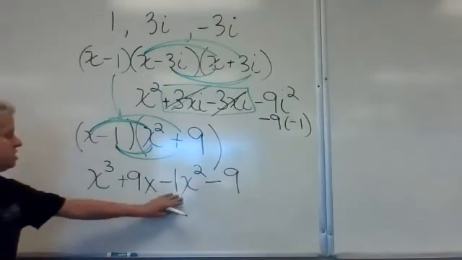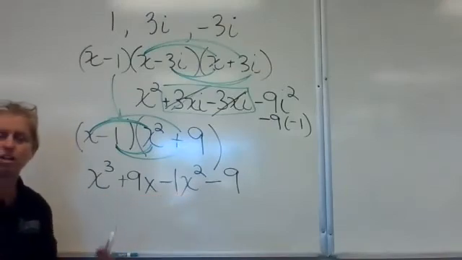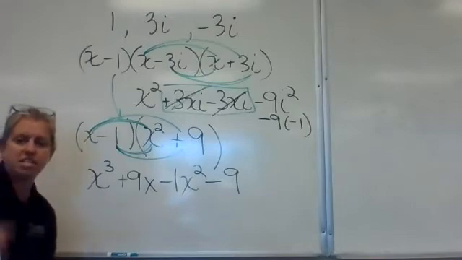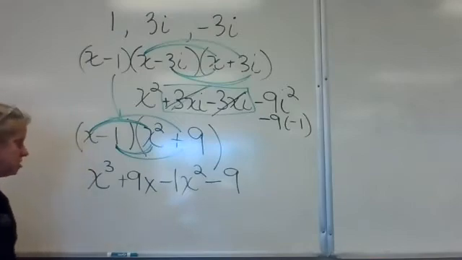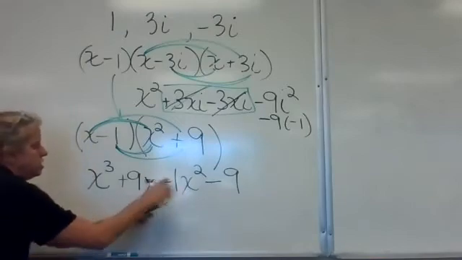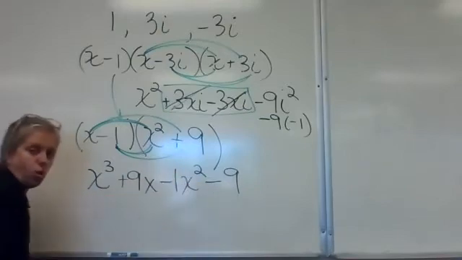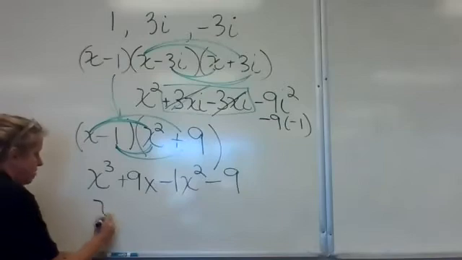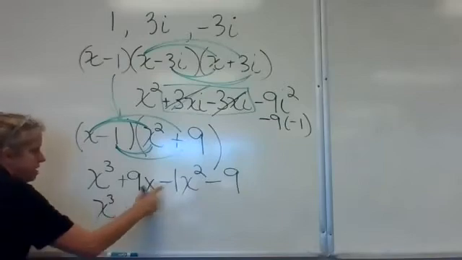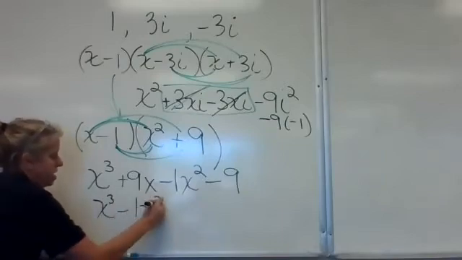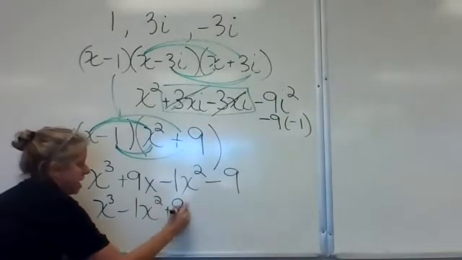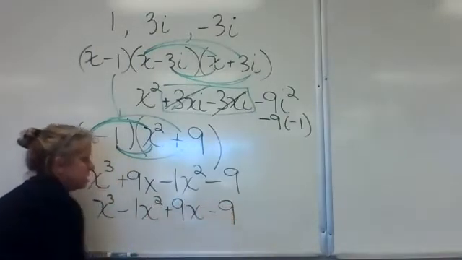Now, when you enter this, again, it's just going to have the whole polynomial written out with missing numbers. So the first thing I need to do is switch these two terms, right? The x squared needs to come before the x. So I'll have x to the third, then my -1x squared, my +9x, and then my -9.